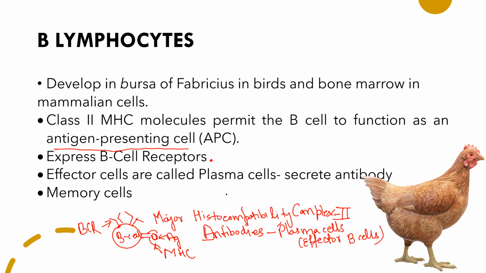So B cells can differentiate into plasma cells to secrete antibodies, and can differentiate into memory B cells as well. Now let's see the next lymphocyte.